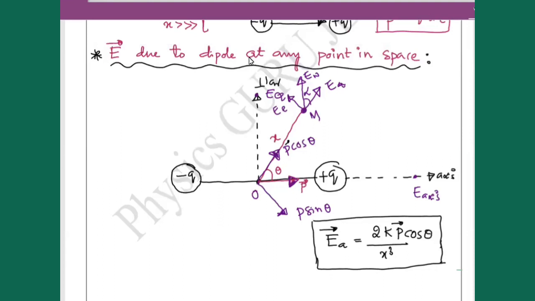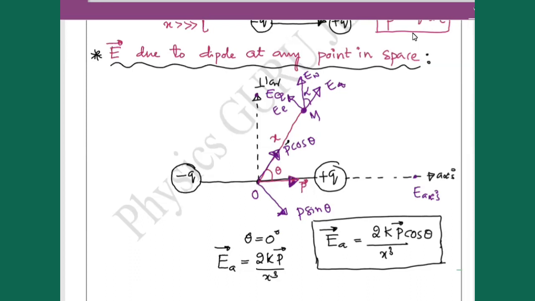This will be rotated from that point to this point, right? So it is rotating from one point to another. When theta is equal to 0, it is exactly the axial line along the axis, where we get the formula of E axial. Let's see what the E axial formula becomes. E axial is equal to 2kp divided by x cube. Is this clear?